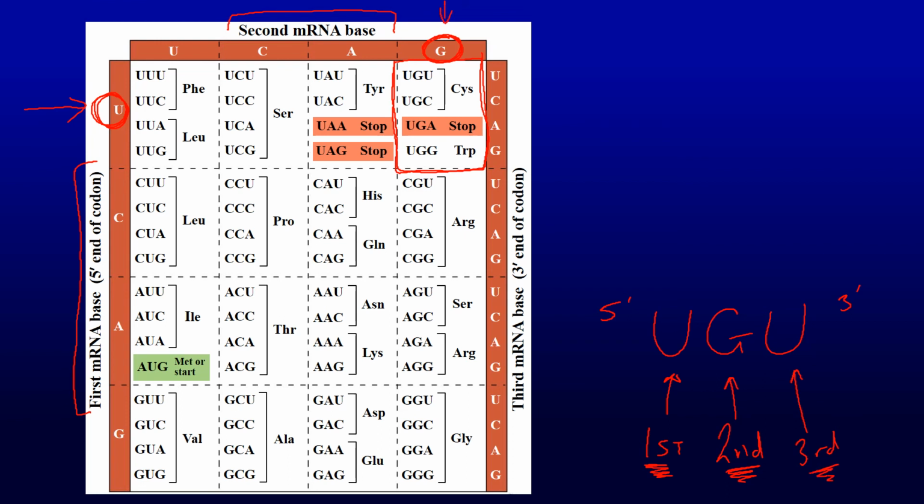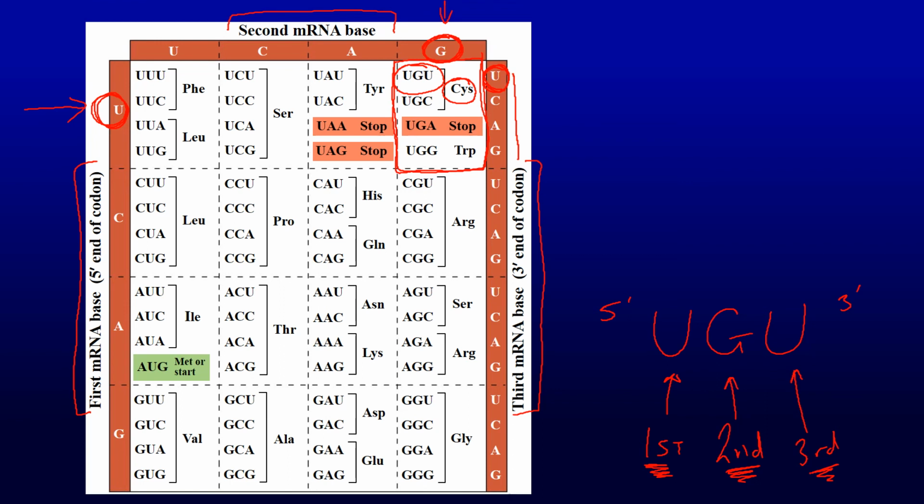Now let's take our third nitrogen base of U. There's our third nitrogen base, and we've got to make a choice of these ones here. So we've got U. So now we can see UGU, and that corresponds to the amino acid cysteine.